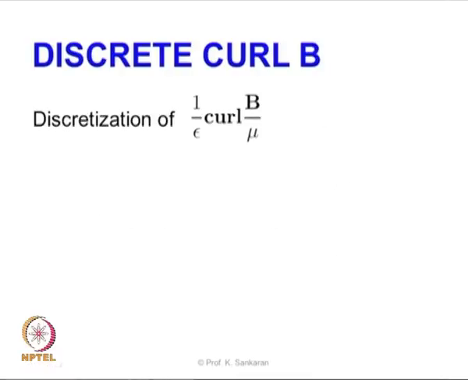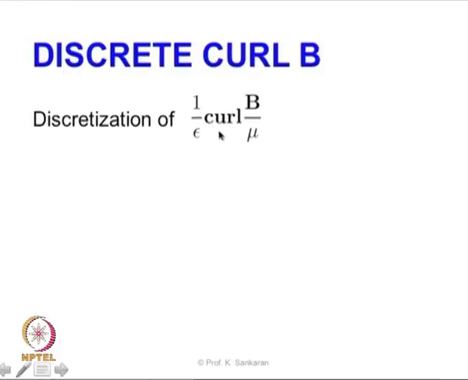Like the way we did the discrete curl E operator, we are going to talk about the discrete curl B operator. However, here there will be a difference. We will include the permittivity and permeability as part of the discretization itself. That being said, we cannot separate them when the grid is so irregular and discontinuous.